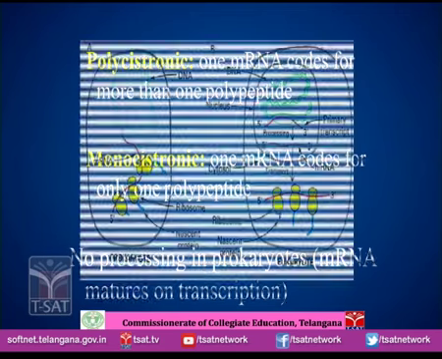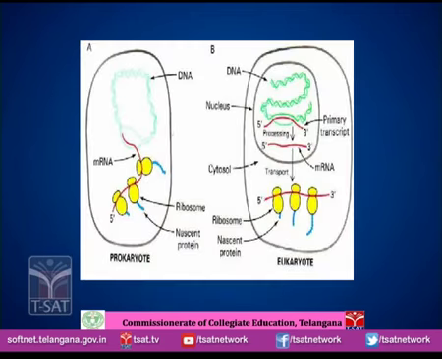If you see diagram A, we can see the green color DNA and the red color mRNA. Once that mRNA is translated, the ribosomes bind and the polypeptide comes out. This is co-transcription and translation taking place in prokaryotes.